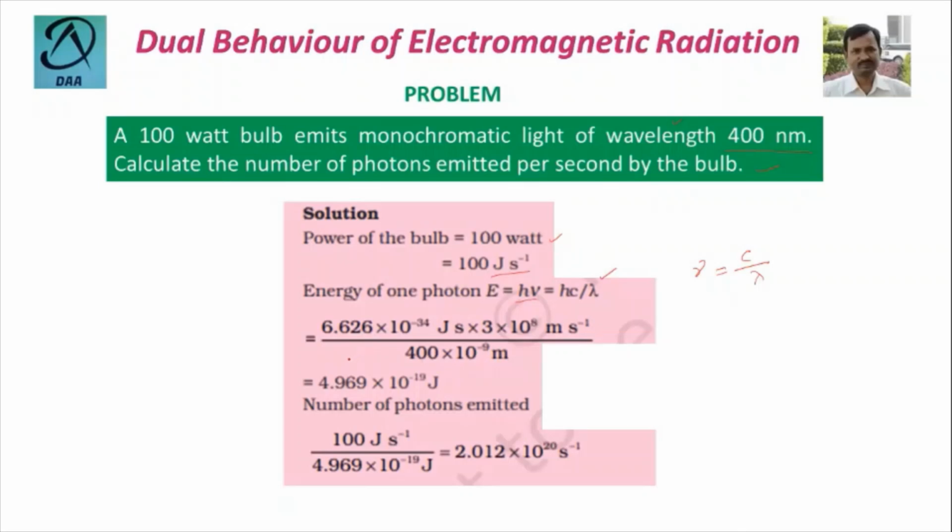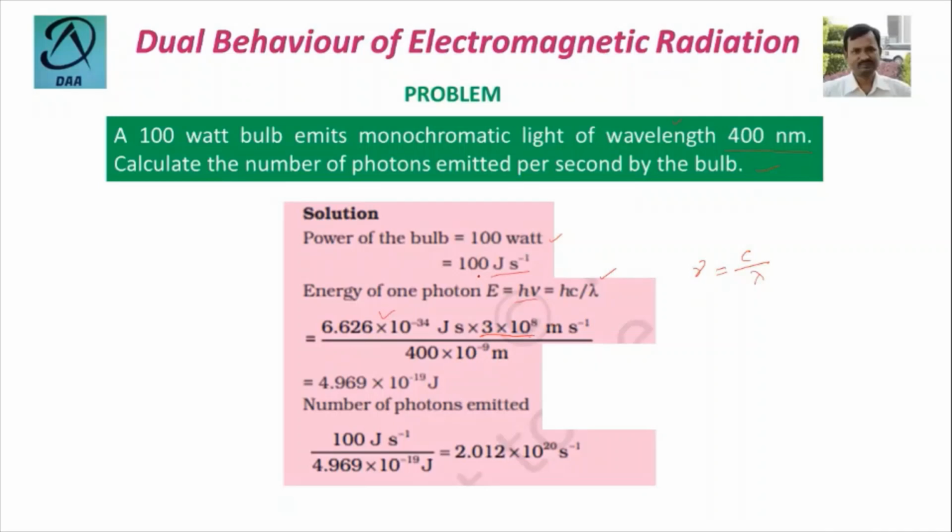So now we put the value of the Planck constant h, 6.626 multiplied by 10 to the power minus 34 joule second, multiplied by the velocity of light, which is 3 multiplied by 10 to the power 8 meter per second, and divided by lambda.